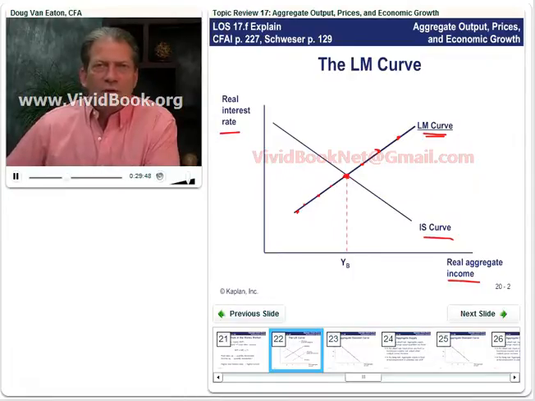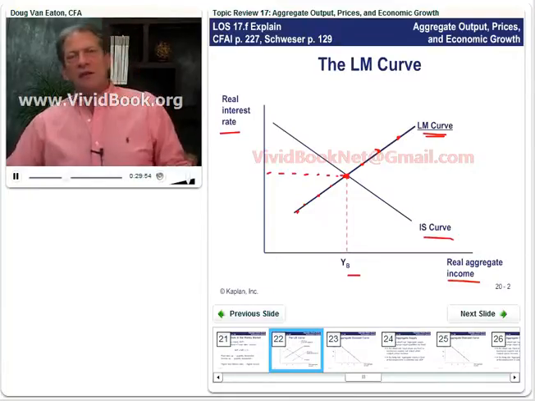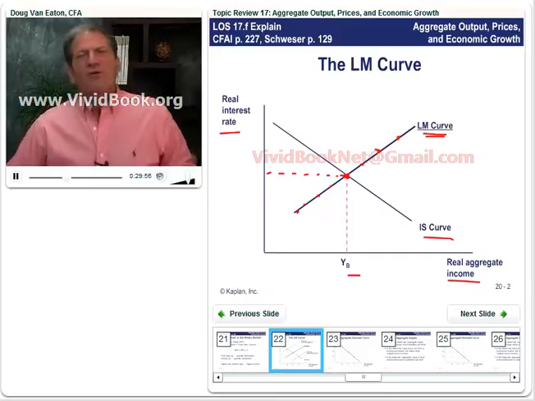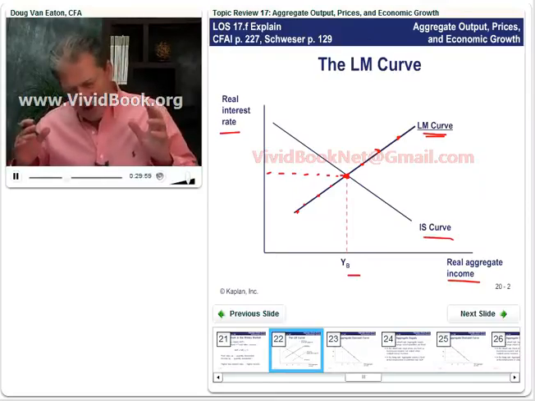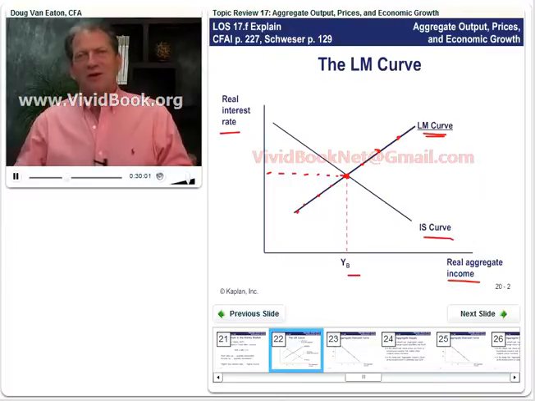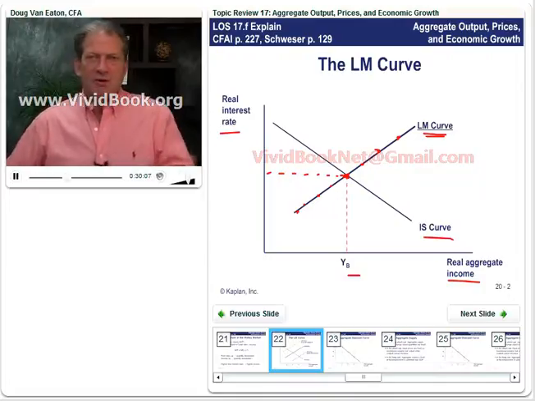And this point right here represents the real interest rate and real income equilibrium that is an equilibrium in the goods market because it's on the IS curve, and it's also an equilibrium in the money market because it's on the LM curve.